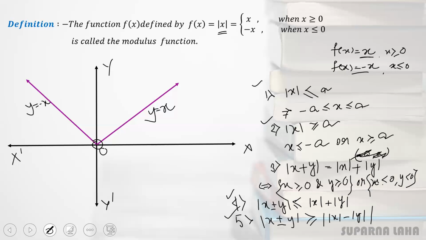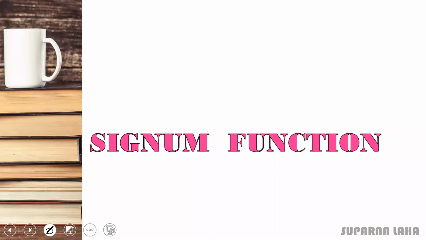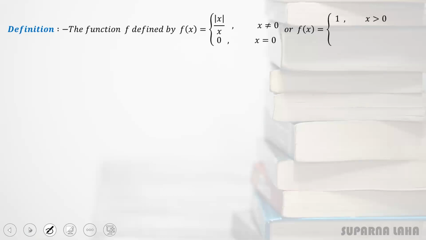So the next type is the signum function. Now what is the signum function? First let's check its definition. The function is defined by f of x equal to mod x by x for x not equal to 0, and 0 for x equal to 0.